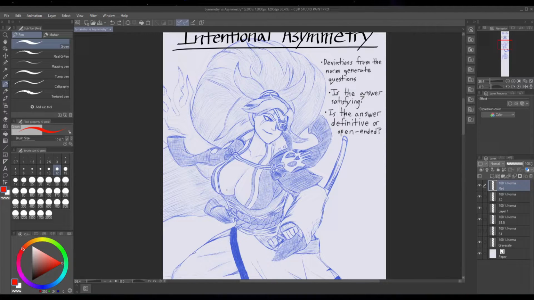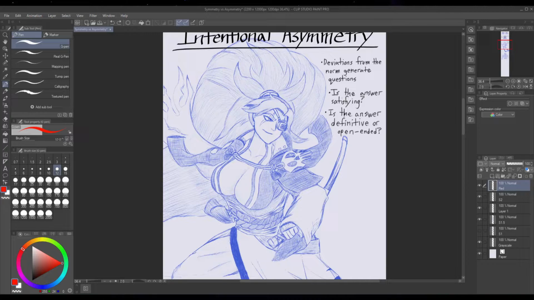The examples of asymmetry with her character: you've got one arm missing, and you also have that torn sleeve for the arm that's missing on that side. You also have her eye patch from some battle damage she sustained. Those are the two main things.